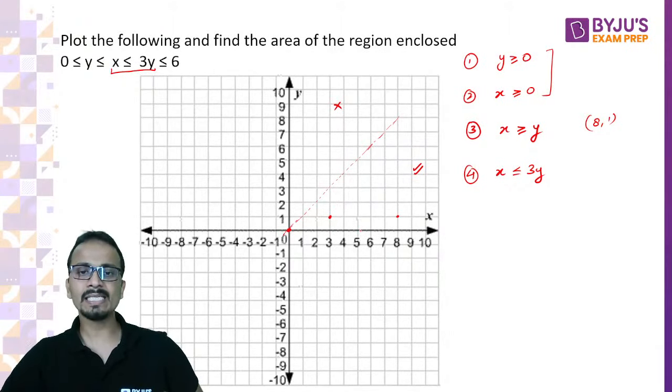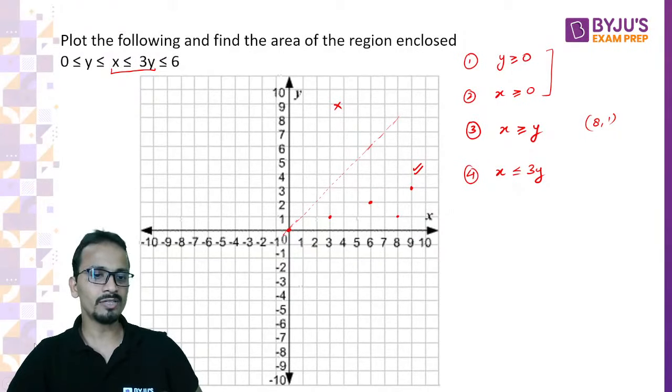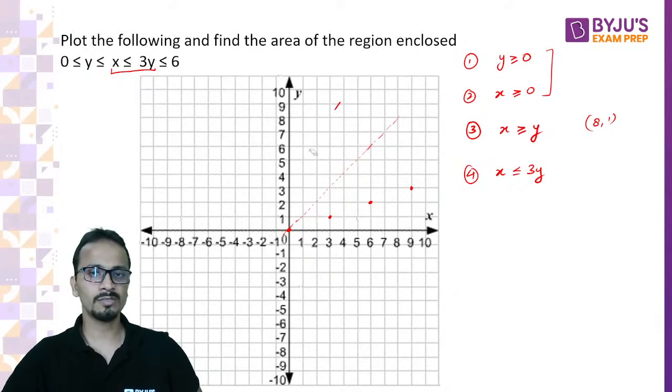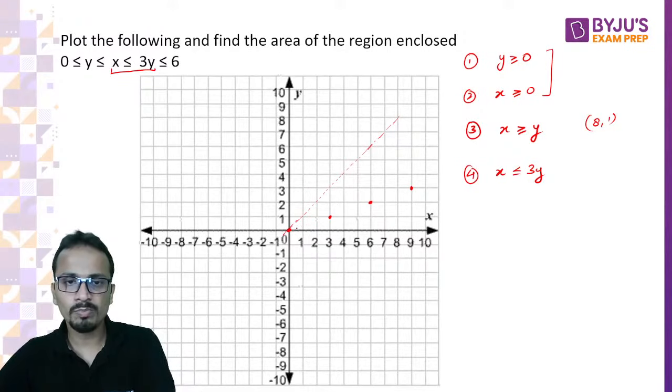When x is 6, y will be equal to 2. When x is 9, y will be equal to 3. Okay, so let's join these points and draw a straight line. इनको join करके एक straight line बना देते हैं.